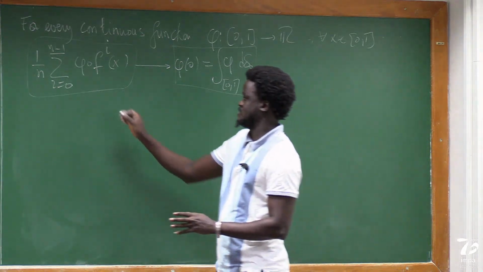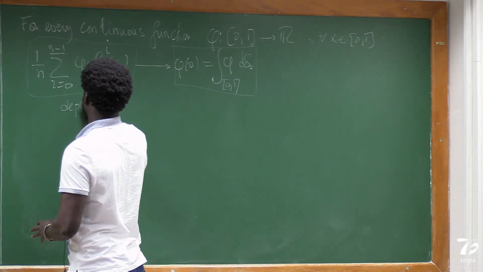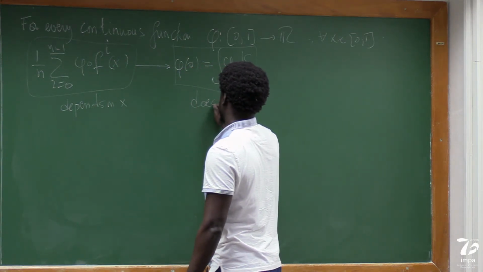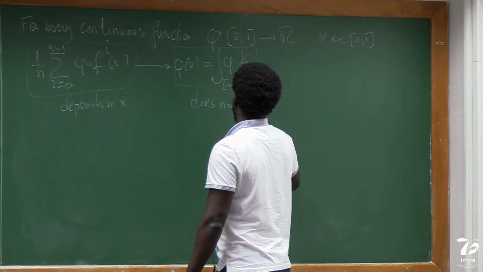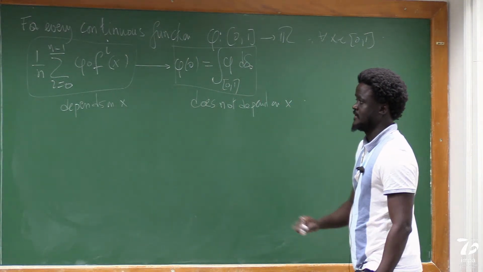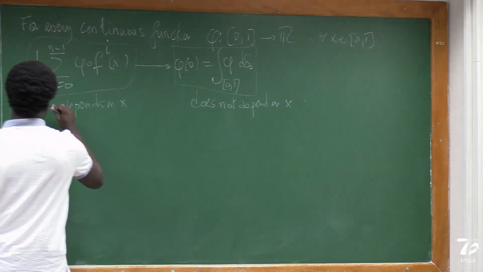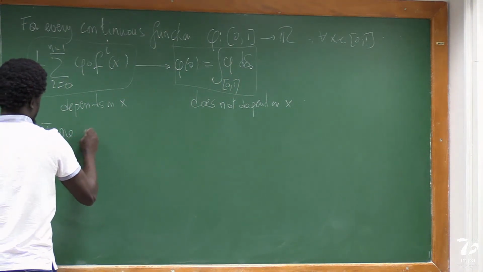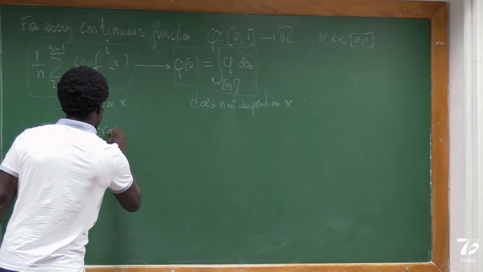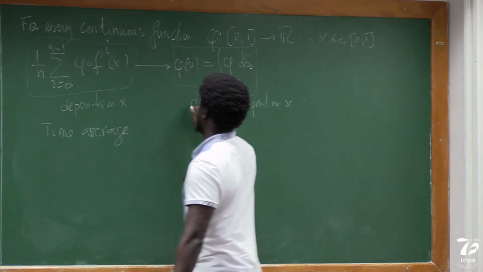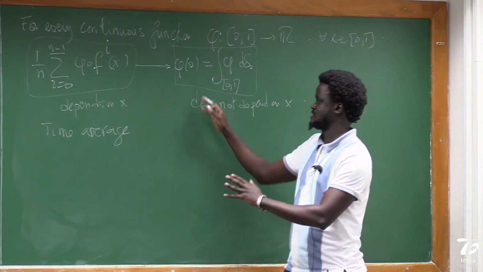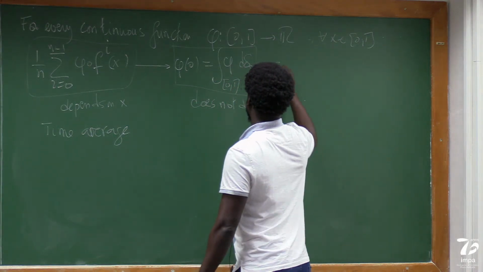The left side is called the time average, and the right side is the space average, because you take the integral over the whole space.